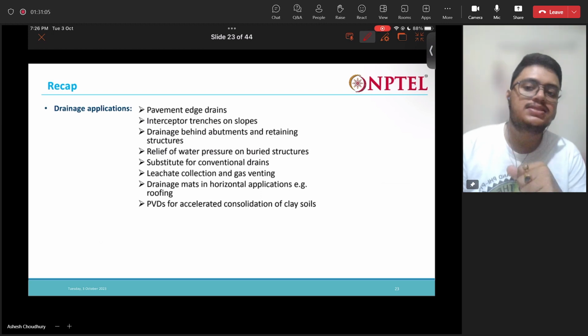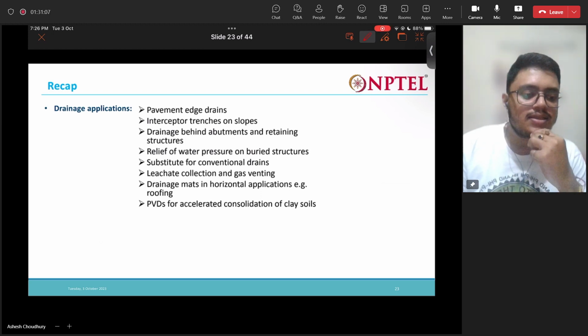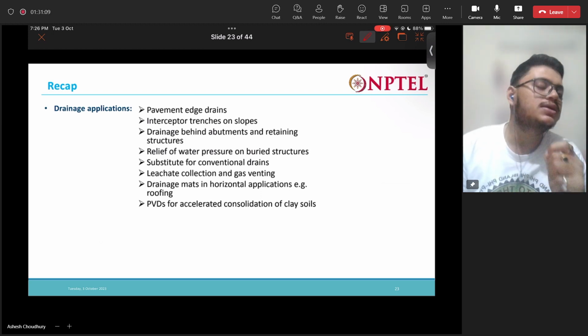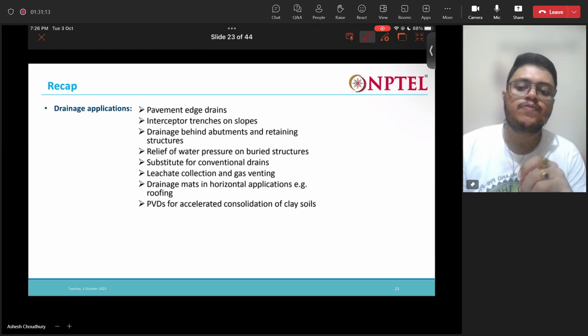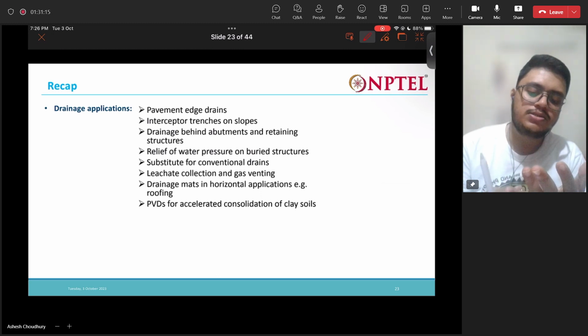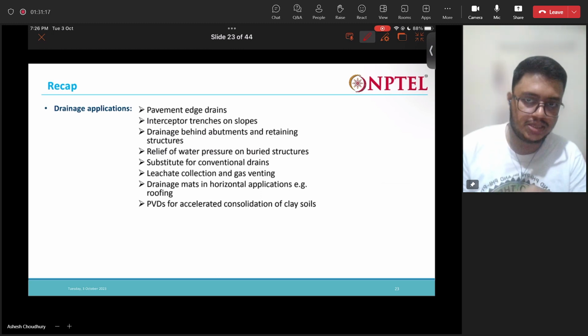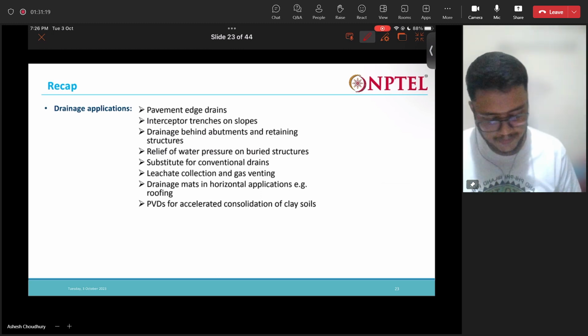So geonets are actually regularly used. Okay, geonets are actually used for these drainage applications.